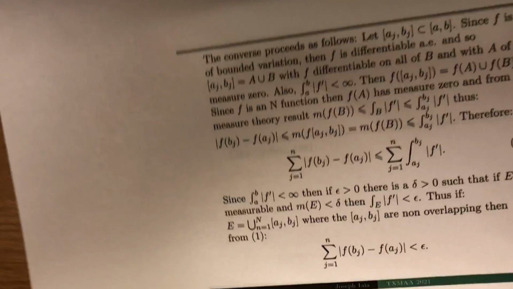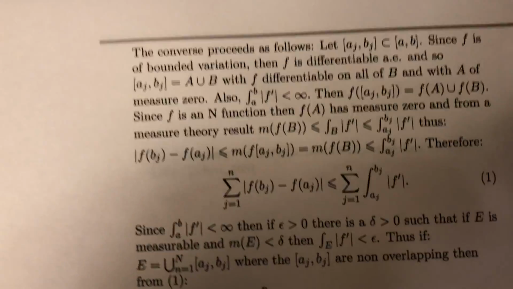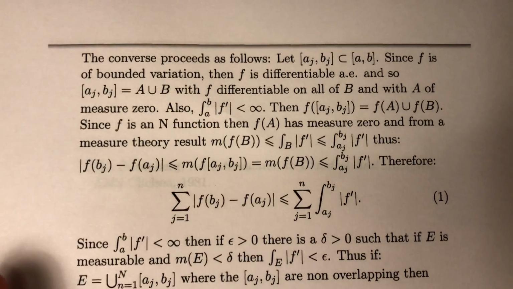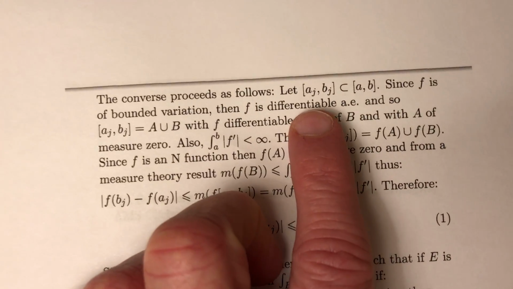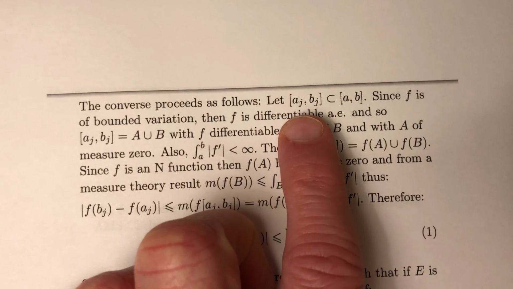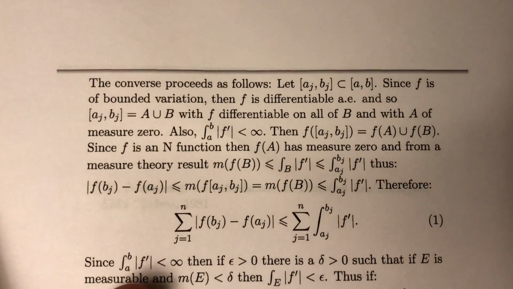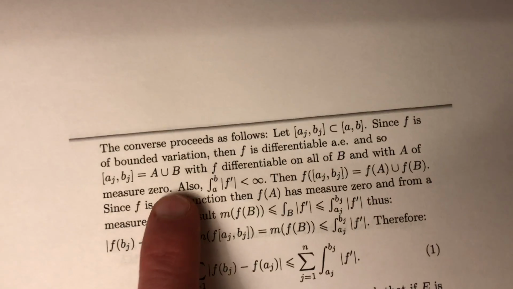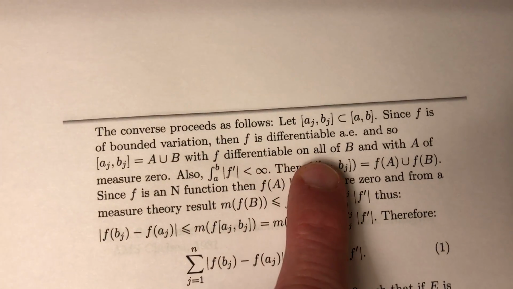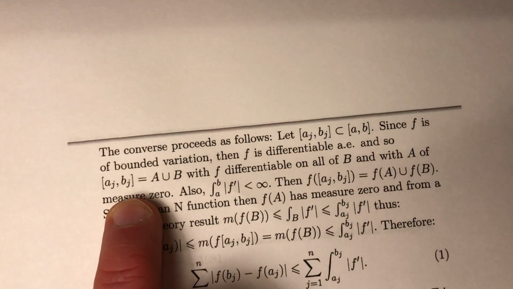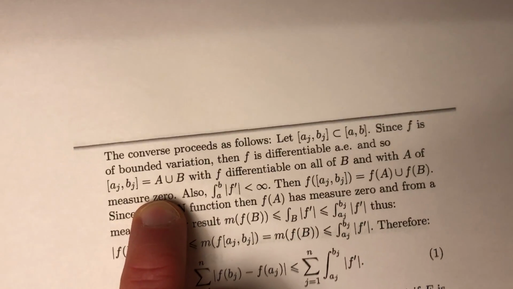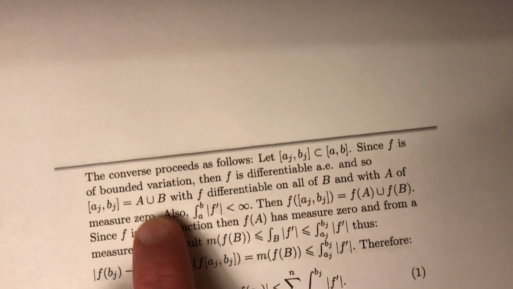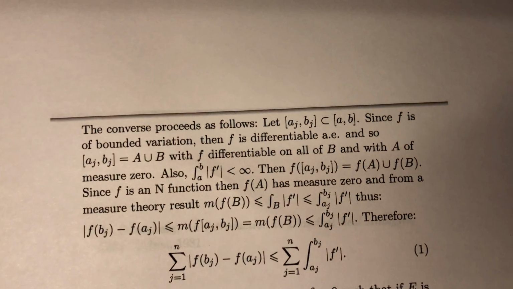Now, the converse is a little bit longer, so I won't go through all of this, but you look at how f behaves on an interval contained in [a,b]. Assuming that f is of bounded variation, it turns out to be differentiable almost everywhere, and so you can write this set as a union of two sets, where f is differentiable on all of B and A is a set of measure 0.